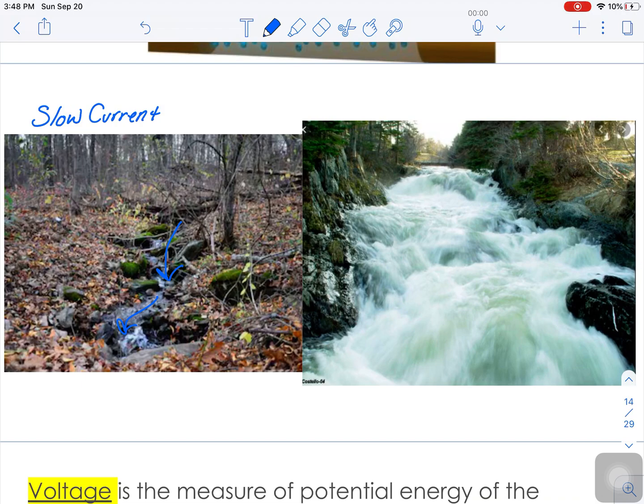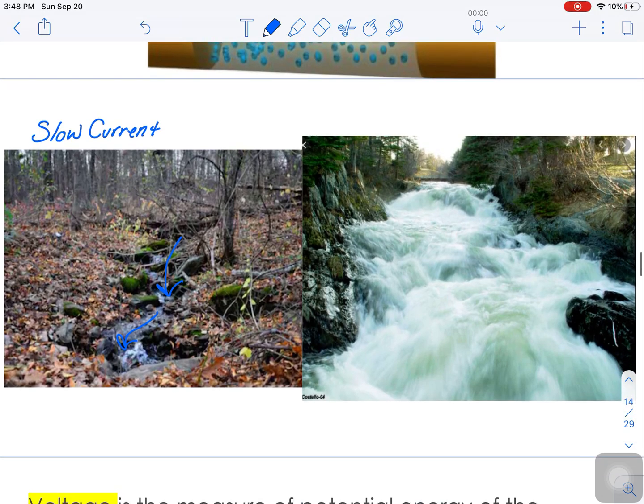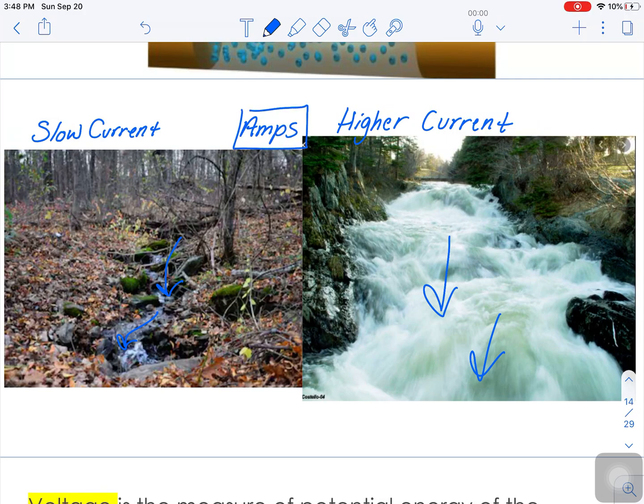Boy, this other waterway can handle a lot of water flowing through it, so this is a much higher current. If I were thinking about these as wires and measuring how much water is moving through, I would measure that in amps. So a measure of just how many charged particles are flowing through, we call that current.